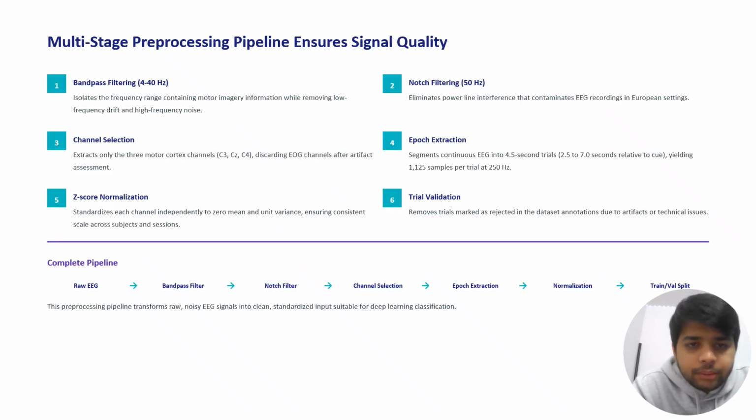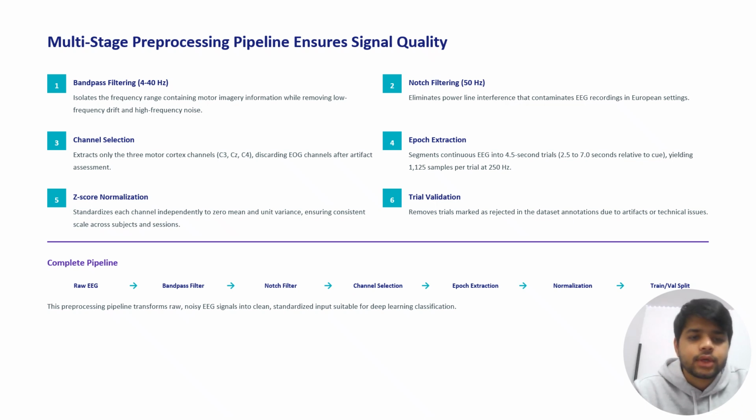And here is my pre-processing pipeline, where I first bandpass filter the signals from 4 to 40 hertz. Then I notch filter the signals at 50 hertz to remove the noise. Then I select only 3 channels and discard the EOG channels, which capture the eye movements and other facial movements. And then we have epoch extraction, that means trimming the trials to get just the MI period of 4.5 seconds.